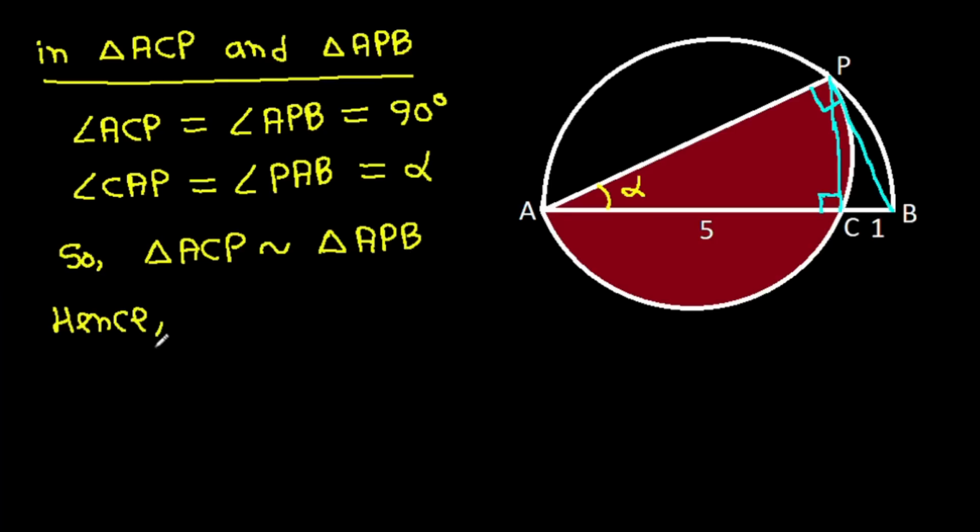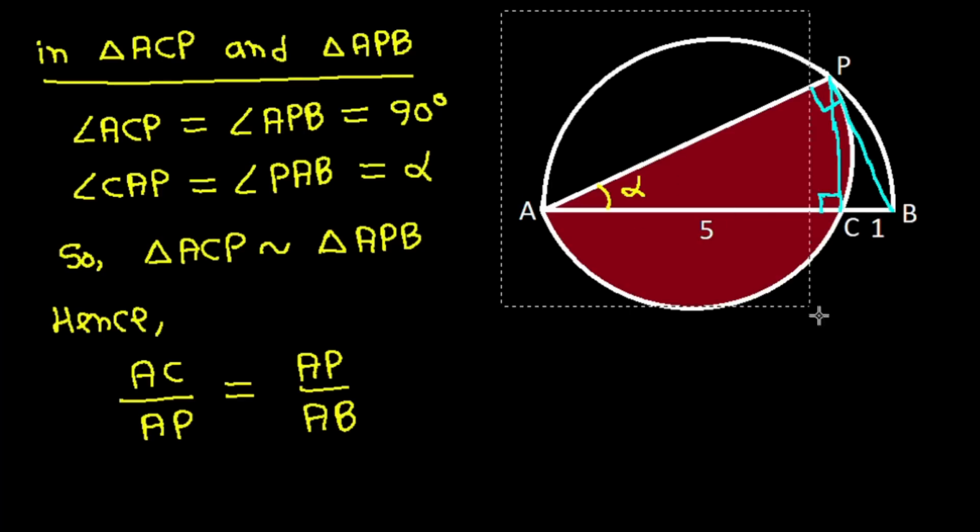Hence AC over AP will be equal to AP over AB.